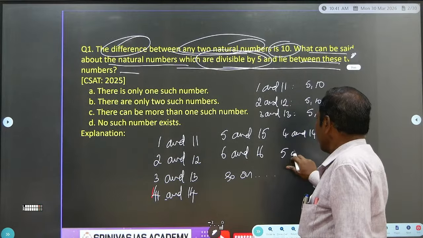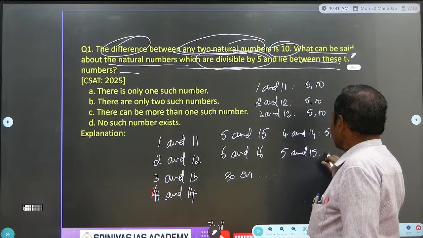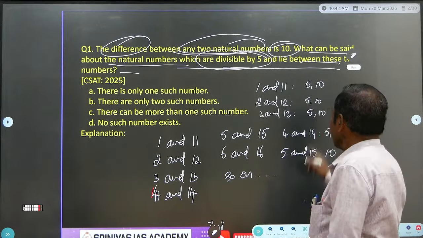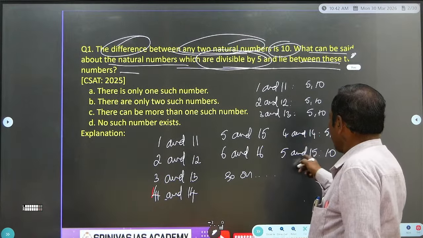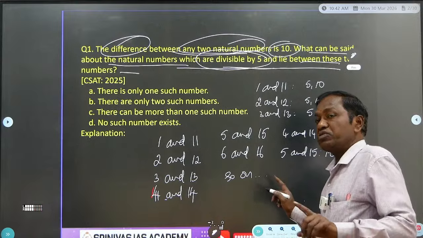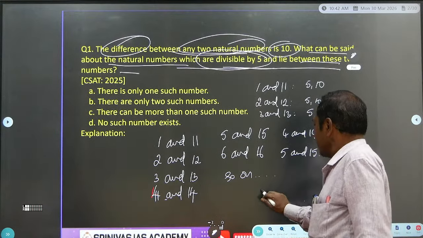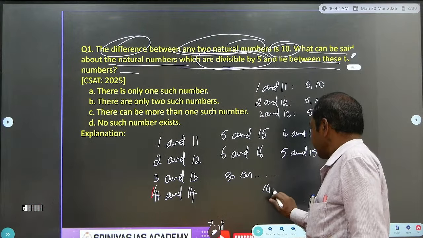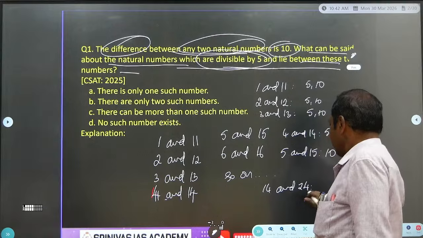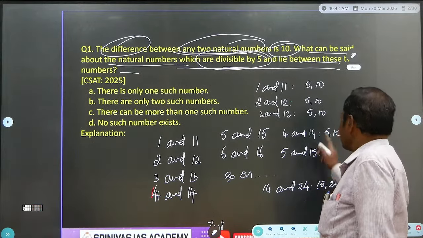Let us take 5 and 15. What happens? Here only one number, 10. Because the first number and last number are also divisible by 5, you can see only one number. Let us take 14 and 24. 15 is divisible by 5, and 20; there are two numbers.